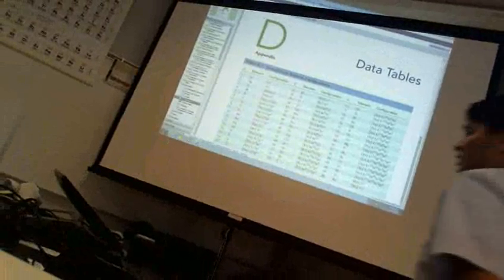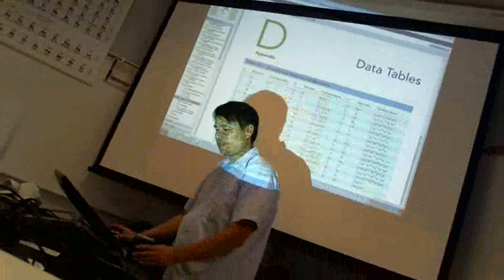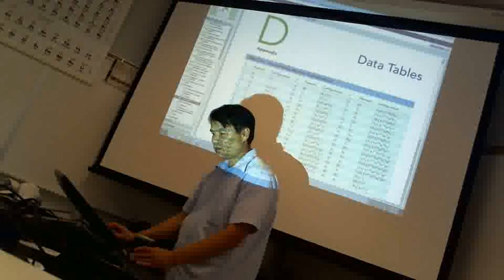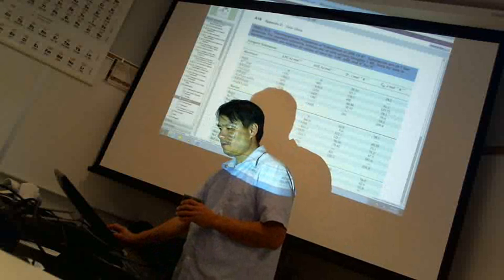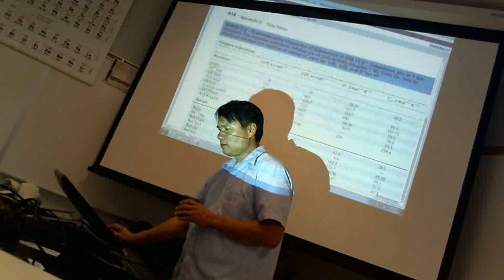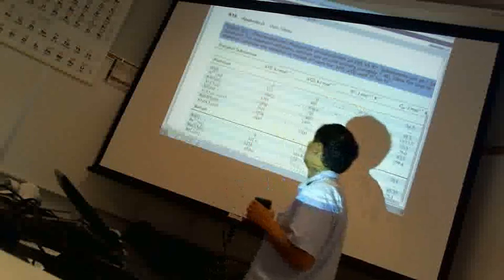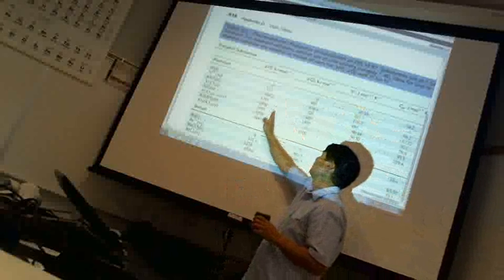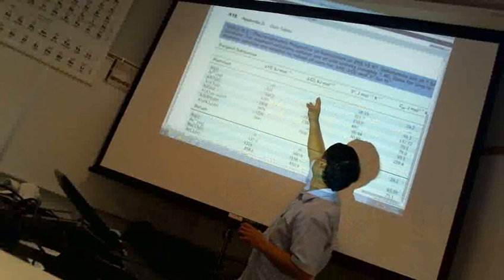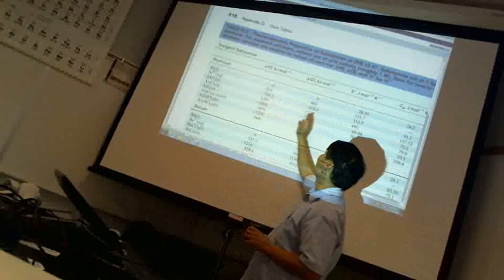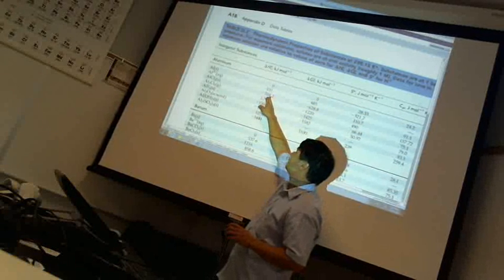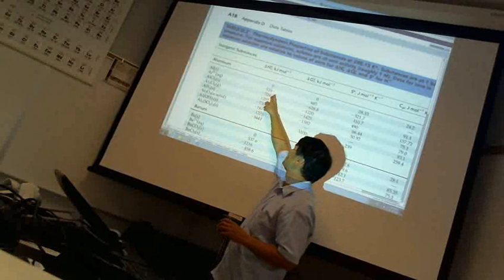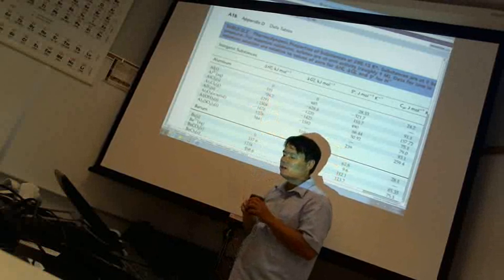We don't want D1, so let's fast forward. This data table. We're just focusing on the first column, delta H formation. This other stuff's covered in Chem 1B. But if you look at the delta H formation for aluminum, what is it? Zero. You expect it to be 0.